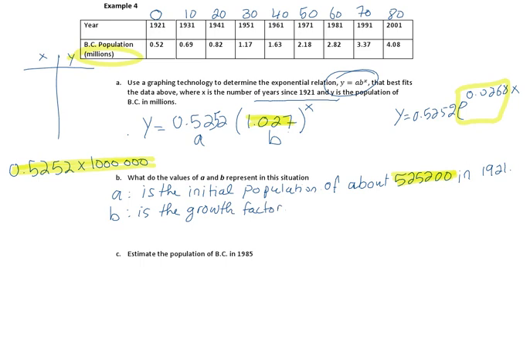So the population grew at the rate of, now to find the rate I have to subtract 1 from my B, because remember that B is 1 plus the rate.